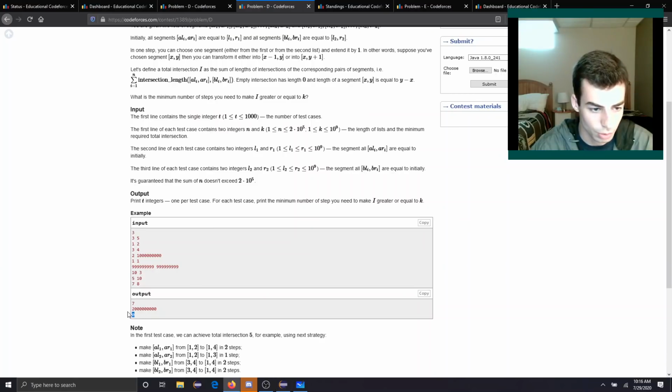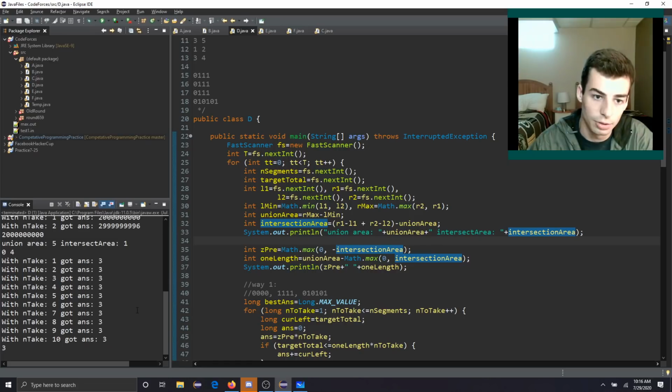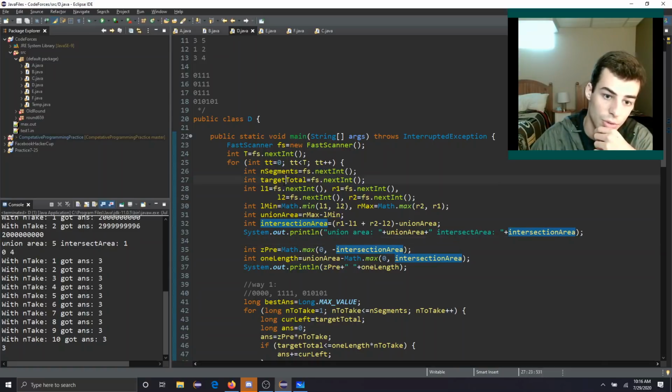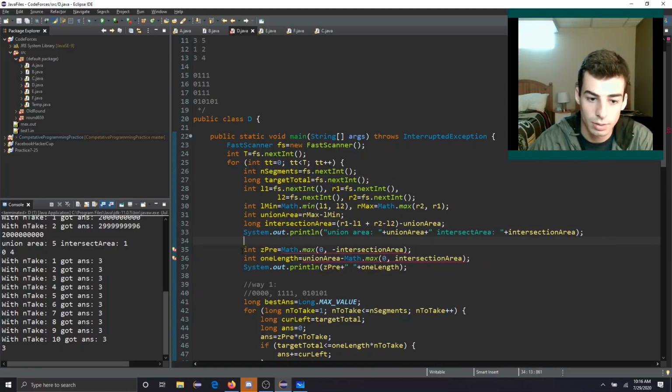How is this 0? Wait a second. Oh, they already have intersection area. That's wild. Okay. Yeah. So target total. Oh, that's weird. This needs to be a long then. This also needs to be a long. Okay. This long, this long.